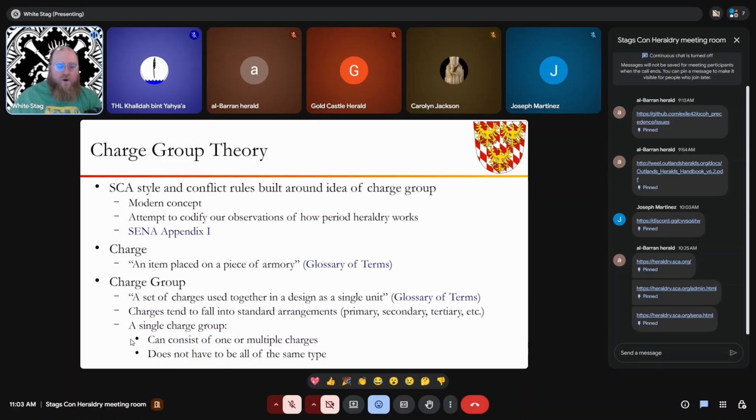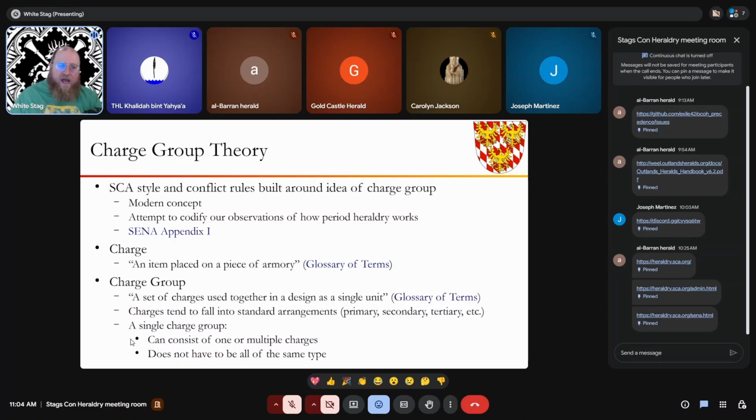This is a way for us as modern heralds to conceptualize the design principles that underpin how armory was constructed in period. So we talk about charge groups, and our breakdown of how those are put together, we call charge group theory because heralds are nerds.